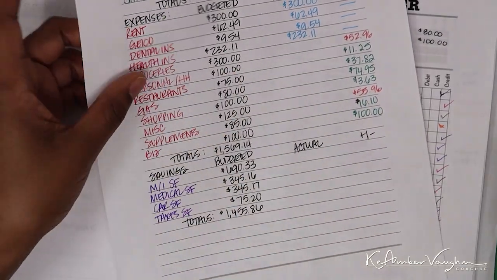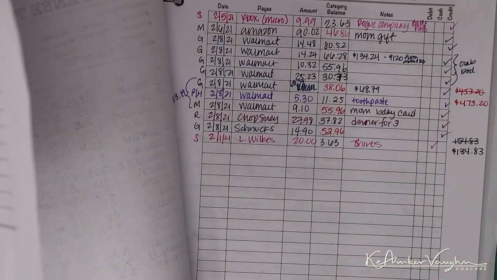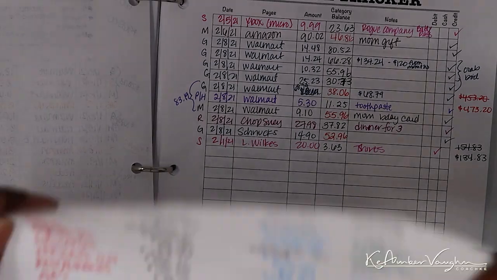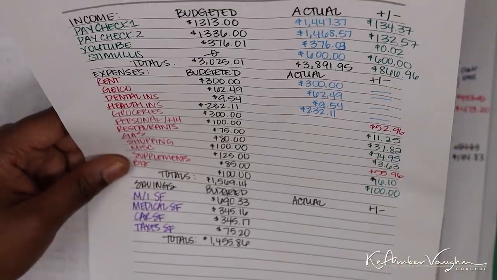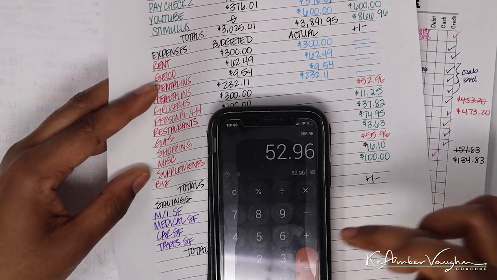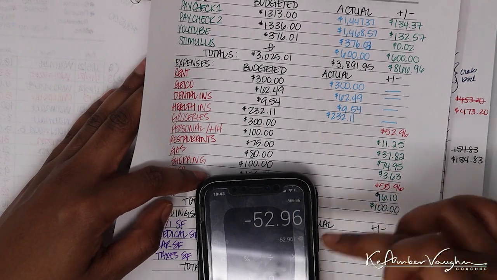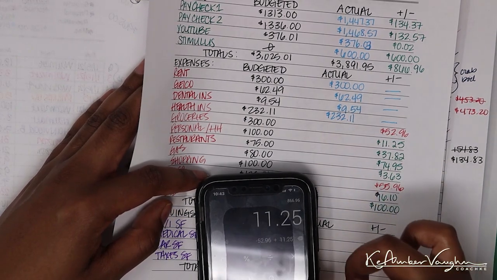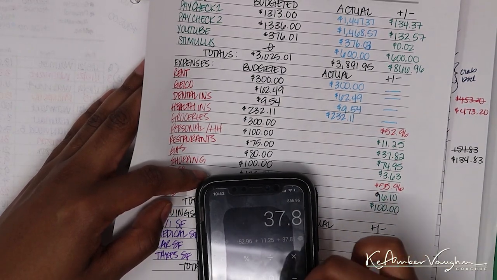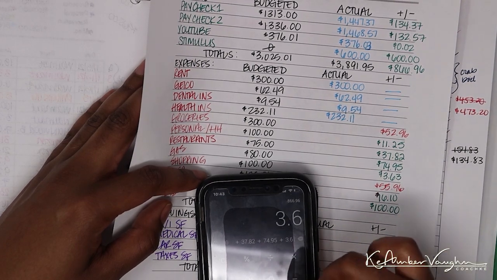Oh, I thought I was over budget in way more categories. I wasn't. My bad. I didn't mean to lie to y'all. I really thought I was over budget in more categories than that. $52.96 negative. I'm just doing the pluses or minuses, and then we'll do the actual. Plus $11.25 plus $37.82, $74.95, $3.63.